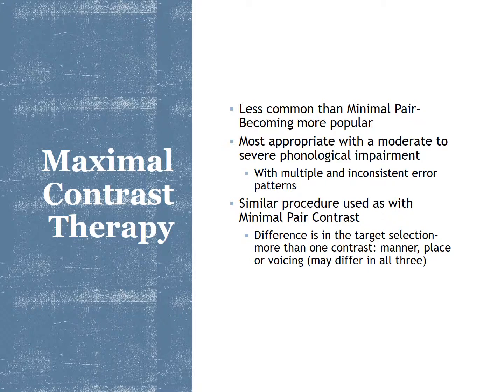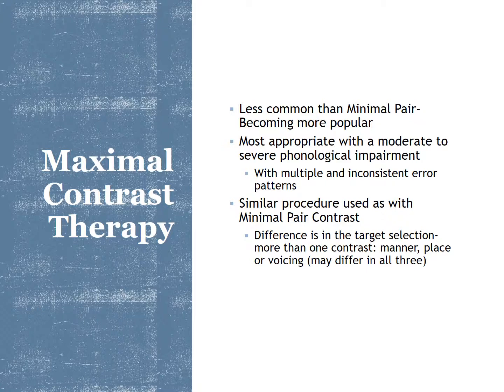This approach is most appropriate for children that have moderate to severe phonological impairments and have also multiple and even inconsistent error patterns, which is different from our minimal, right? Because minimal, we said more minimal to moderate type of severe with a few sound errors, and those sound errors being consistent.